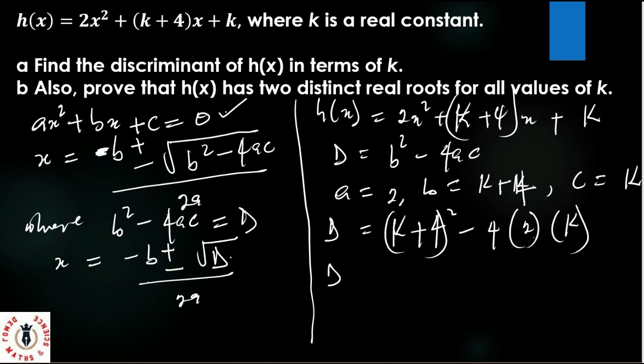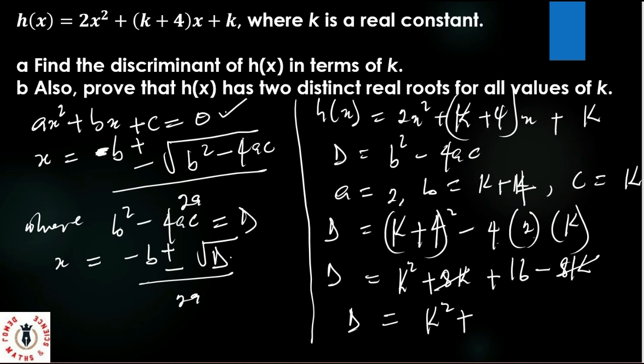On expanding, d is k squared plus 8k plus 16, minus 4 times 2 times k, that's minus 8k. Plus 8k minus 8k, so my d is k squared plus 16.